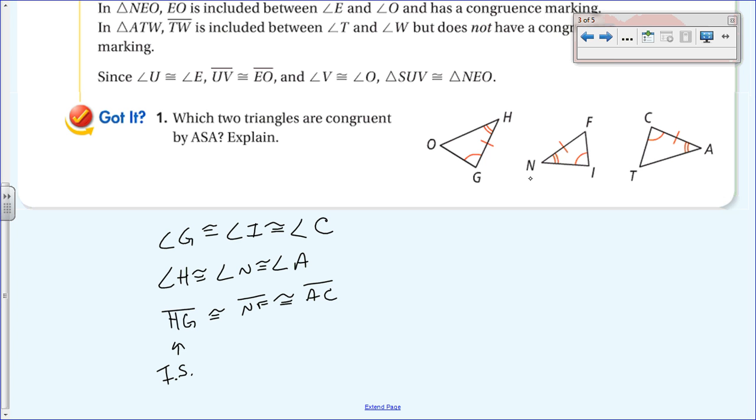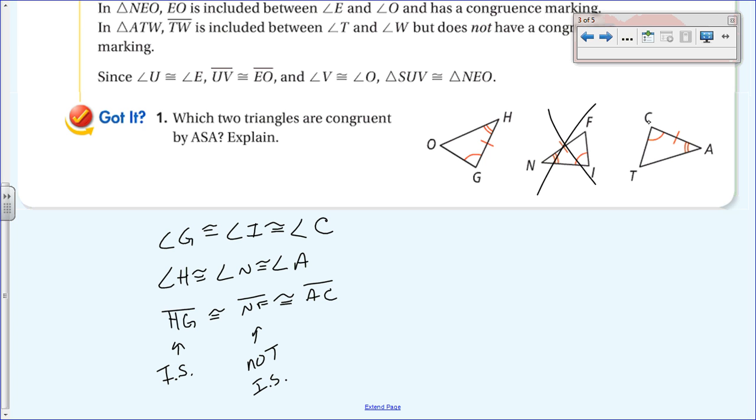No, it's not, because N and I are the congruent angles, but NF is the side. So this is not the included side. All right, now let's look at AC. So we've ruled NF out. It's not the included side, but we still need to check this one just to make sure that it is the included side.